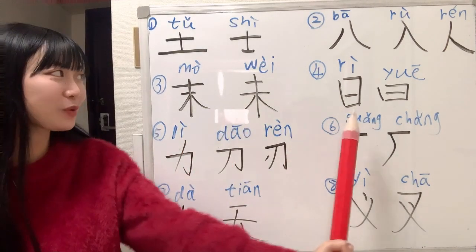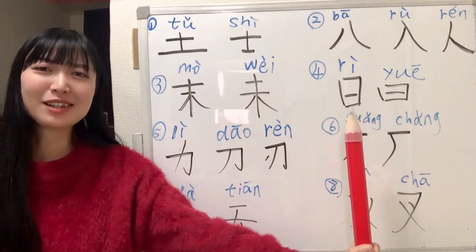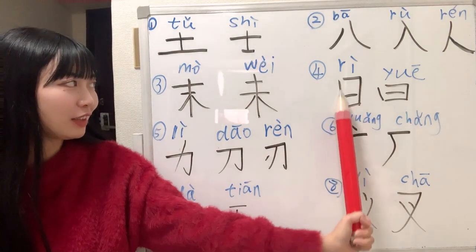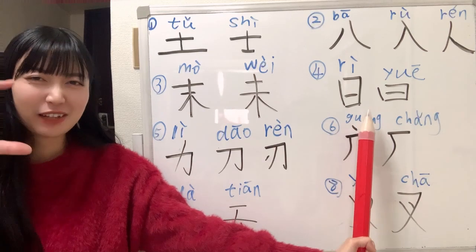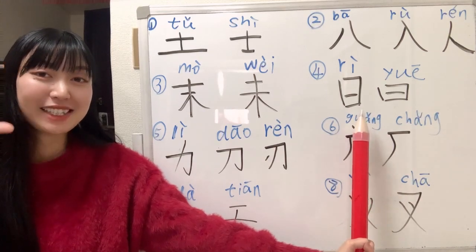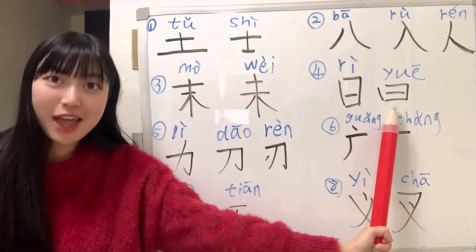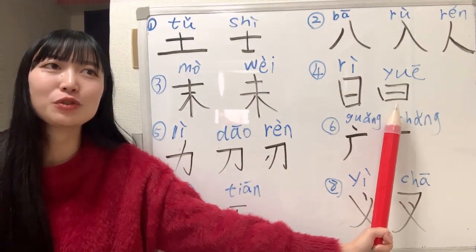Okay, next one, it means the sun, it's 日. If this shape is kind of tall, it's 日, but if it's like a square, it's 曰. It means to speak.